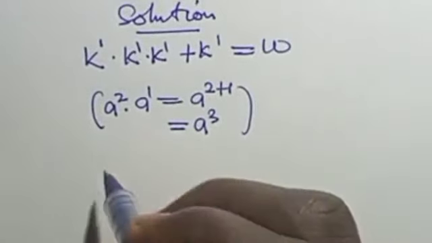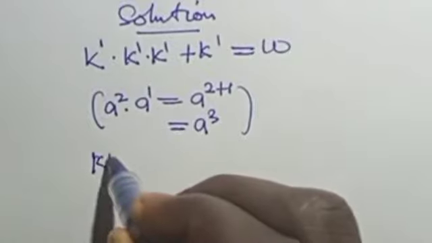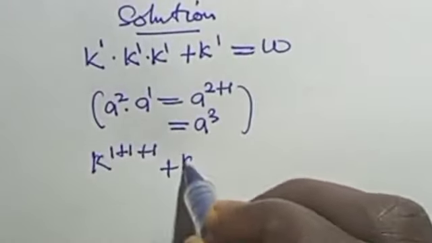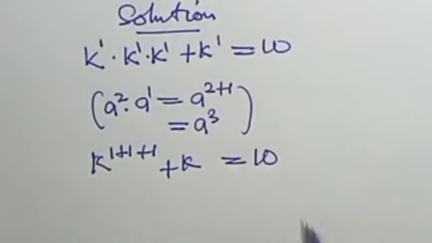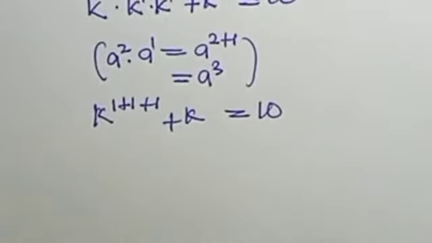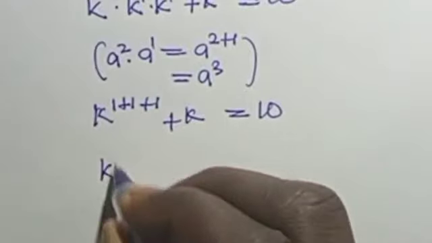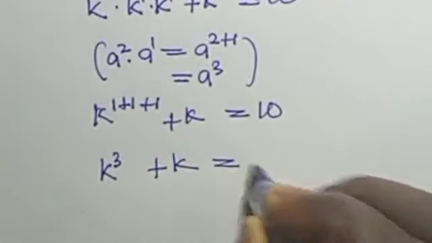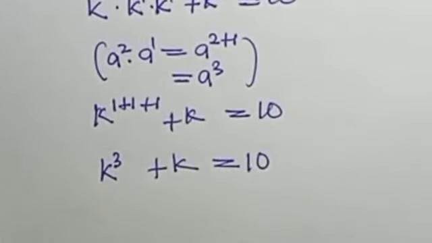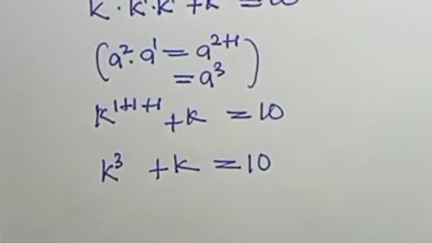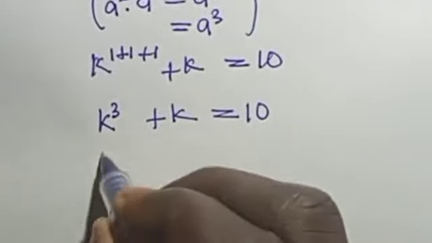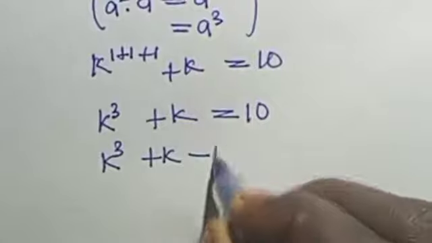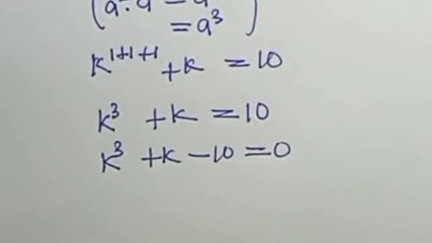So that way we can say k raised to power 1 plus 1 plus 1, plus k, is equal to 10. k raised to power 3 plus k, therefore, is equal to 10. And we can write k raised to power 3 plus k minus 10 equals 0.